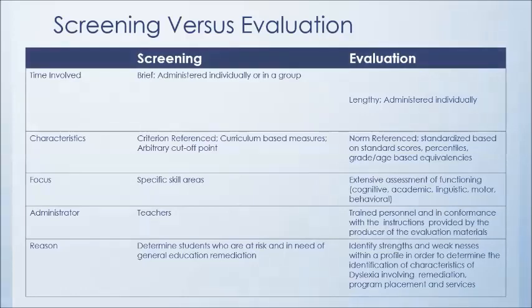Now we look at procedures for evaluation. In accordance with the Dyslexia Handbook 2018 update, it indicates that schools must follow federal and state guidelines. They must develop local procedures that address the needs of their student populations.